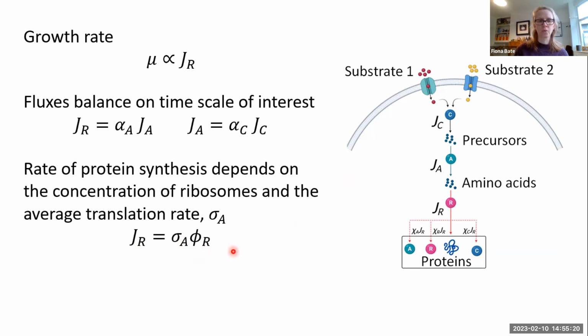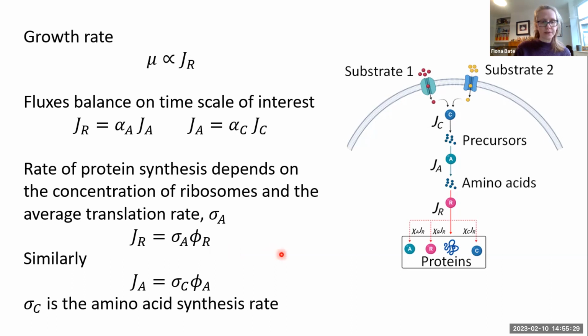It's just one thing times the other. It's a first order rate. And similarly, we say that the amino acid synthesis rate just depends on how many anabolic proteins you have, which is phi A, times sigma C, which is the amino acid synthesis rate.